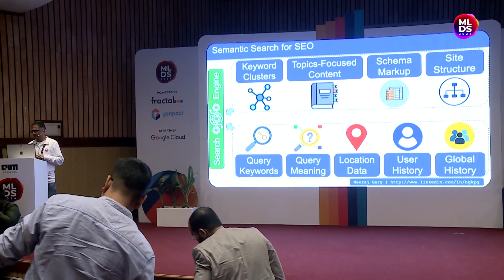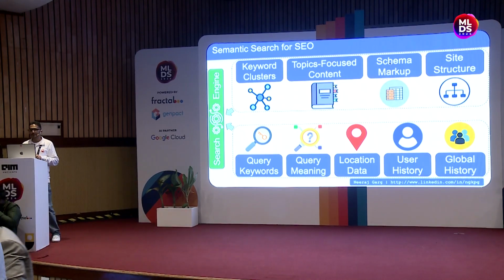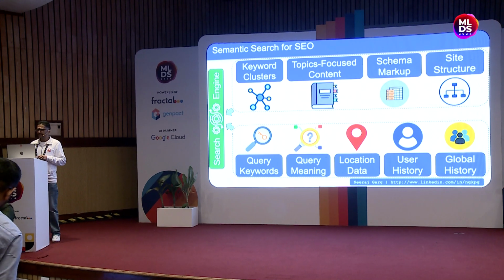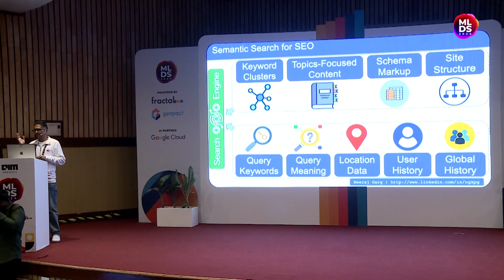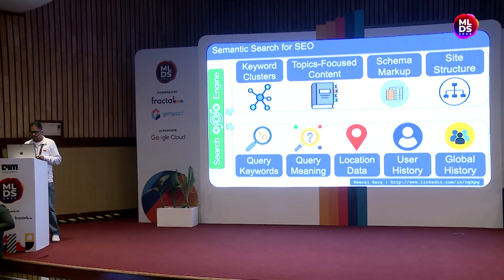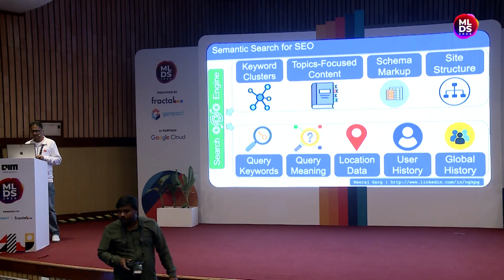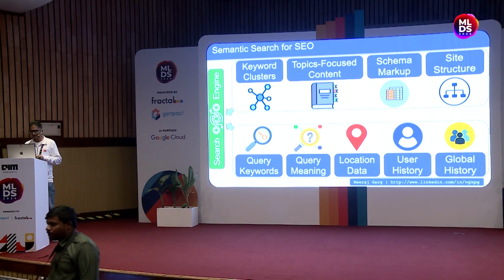And finally, we need to ensure a good site structure. That is the different types and numbers of elements, sections, pages throughout our website, and also their hierarchy. So if we do all this right, then we should be doing a pretty good job at SEO, at least regarding semantic search. There are many other parameters, of course.